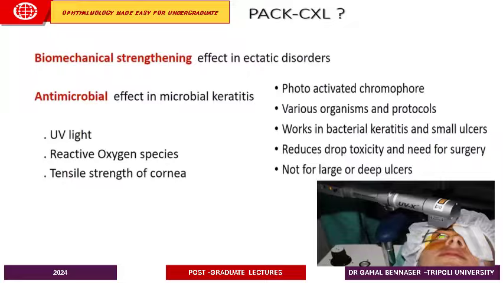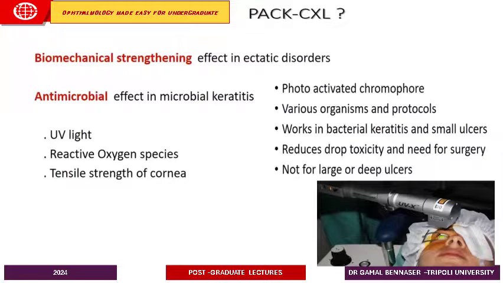Also, the ultraviolet A itself has an effect on the DNA of the organism, and also by the release of reactive oxygen into the cells, this will also lead to damage of the pathogens. So there are various protocols for various organisms, and it is mainly used in superficial keratitis, either bacterial or fungal. Another advantage of PAC-CXL is that it reduces the toxicity to the cornea.